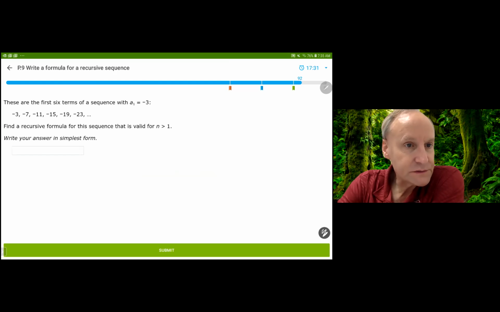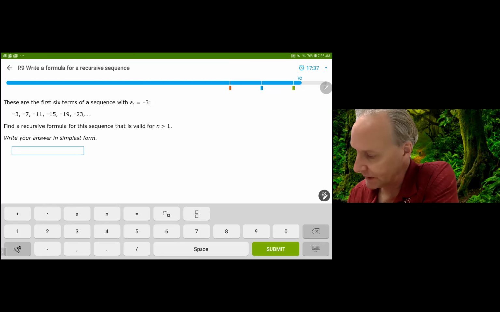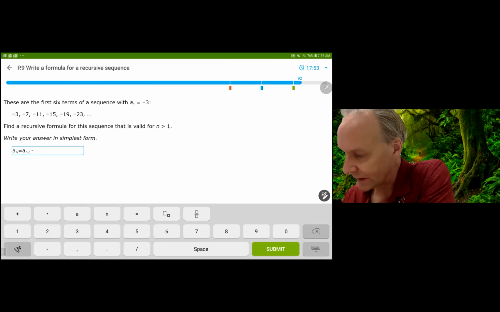Looks like minus 4, minus 4, minus 4, minus 4, minus 4. We're just subtracting 4 every time, so I'm just going to type it in. A sub n equals a sub n minus 1. Don't forget the n minus 1. Minus, and we're subtracting 4 every time.